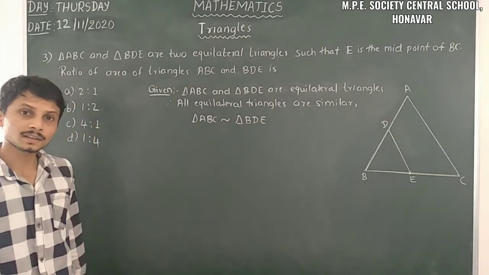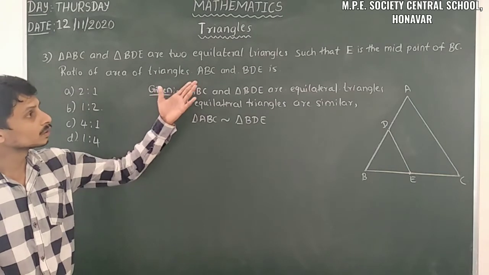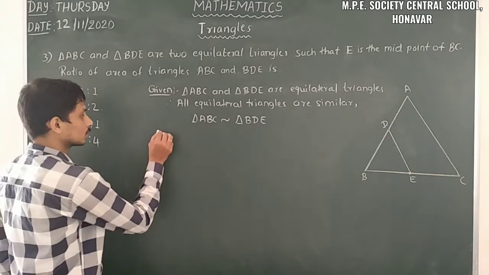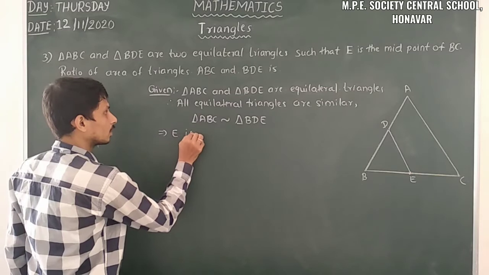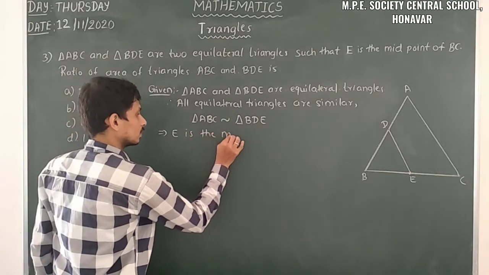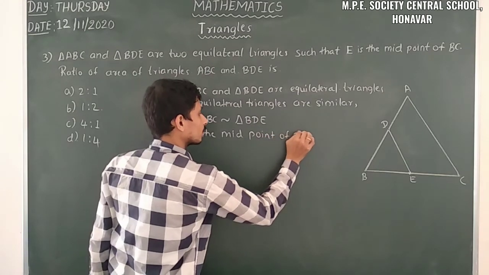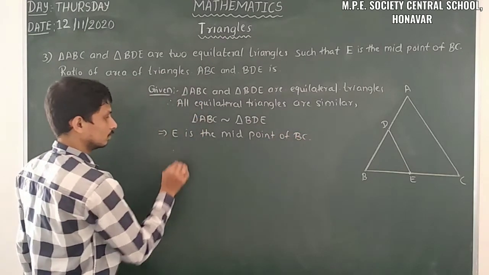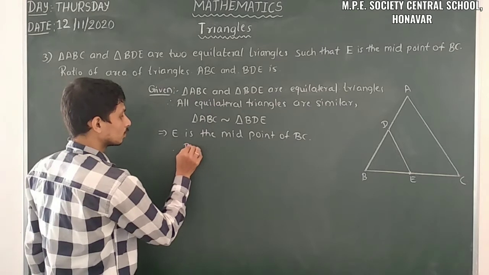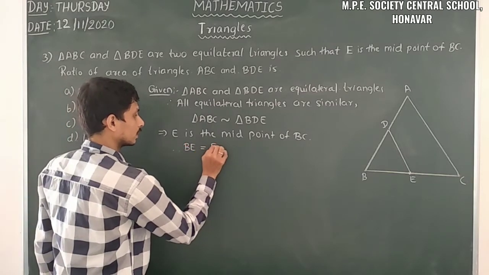We have another given term: E is the midpoint of BC. Therefore, BE is equal to EC.